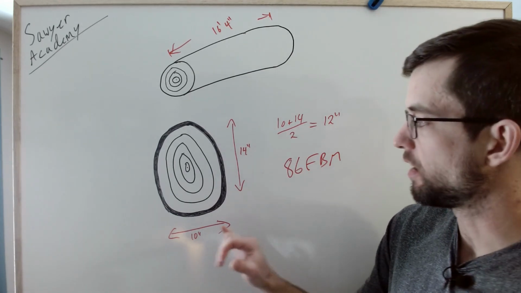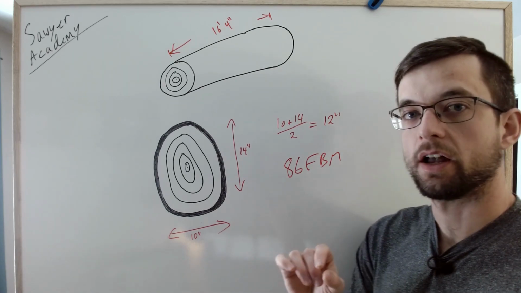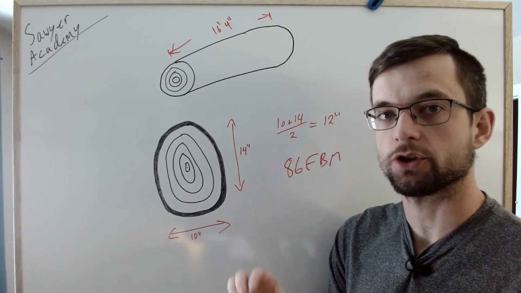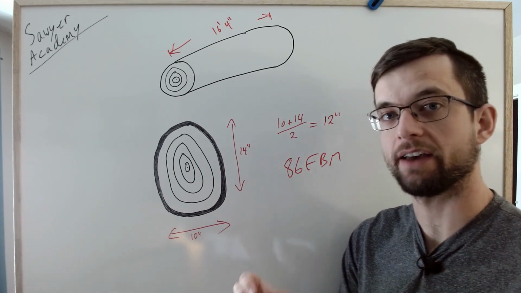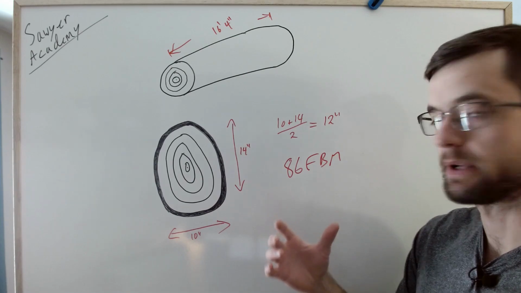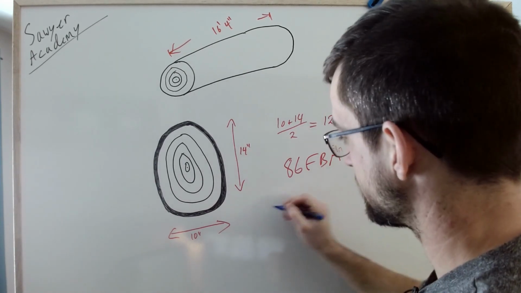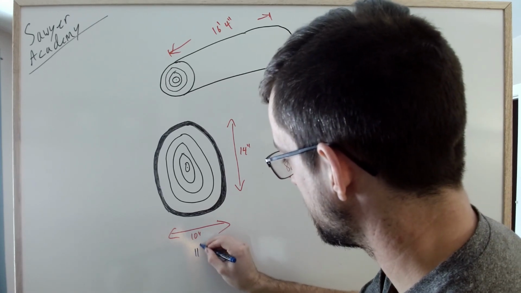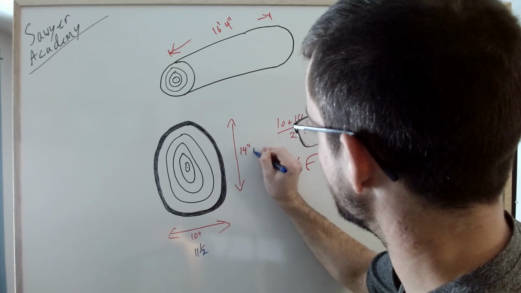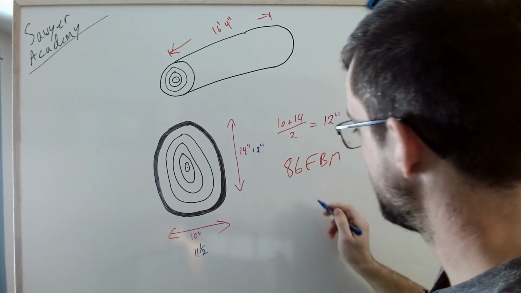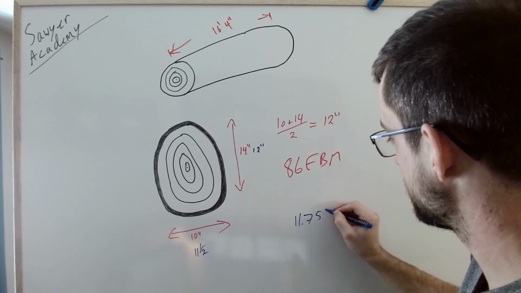Now one last thing on finding the average diameter. If the average diameter lands on 0.5 or a half inch, you're going to round down. And if it lands higher than 0.5 inches, you're going to round up. So what I mean by that is if I have a log that's going to be, let's say, 11.5 inches across, and it's going to be 12 inches high, the average of that is going to be equal to 11.75 inches.